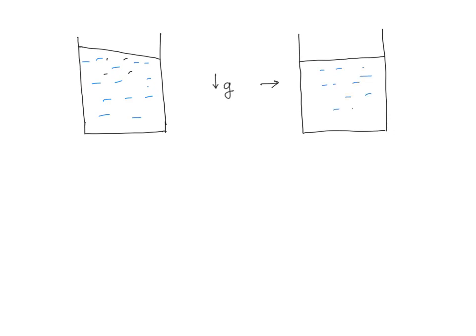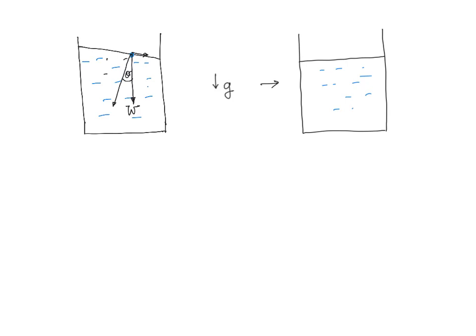Why does this happen? See, consider a molecule on the surface, and its weight is acting downwards. Here, weight has a tangential component.